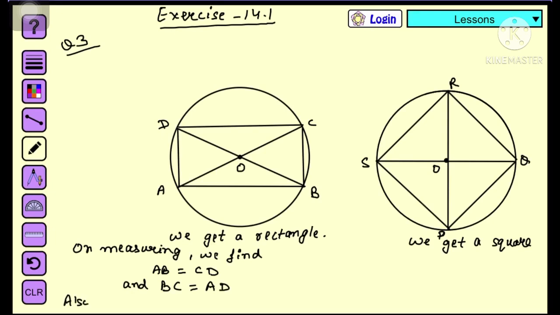Also you can see that angle A equals angle B equals angle C equals angle D. All angles are 90 degrees. That's why it is a rectangle.